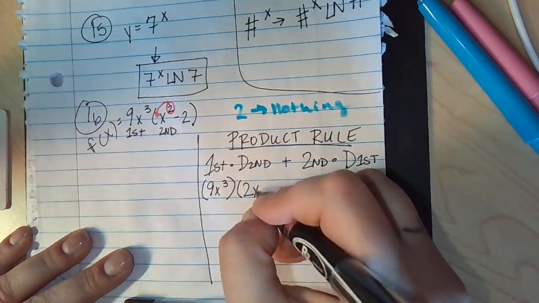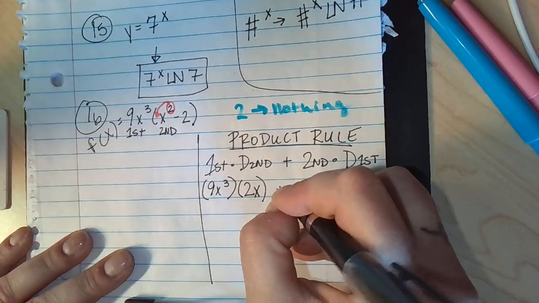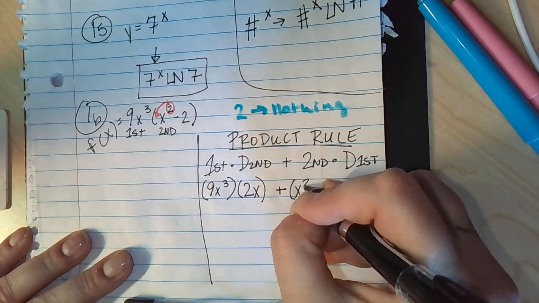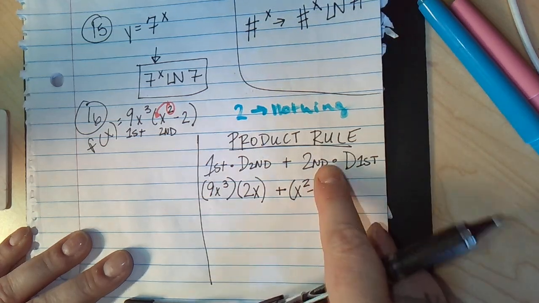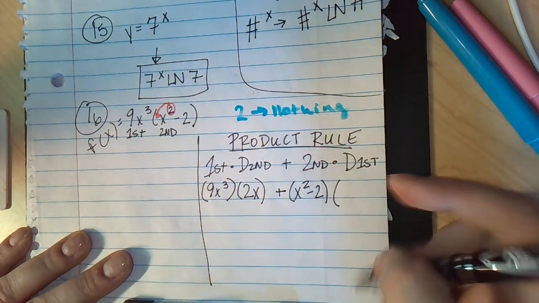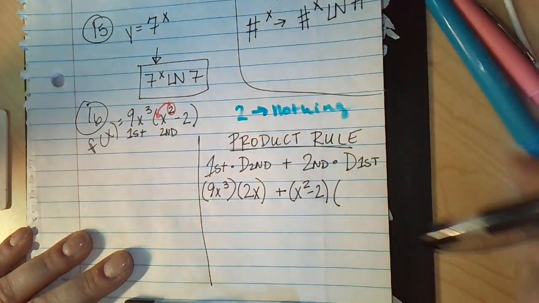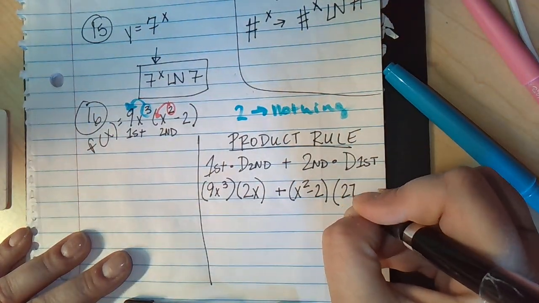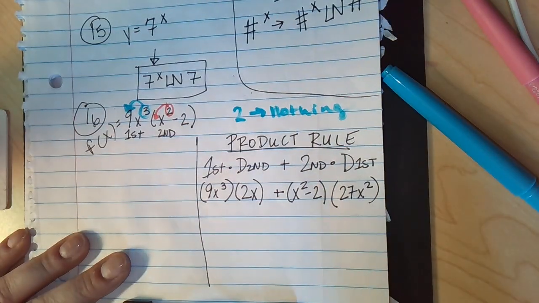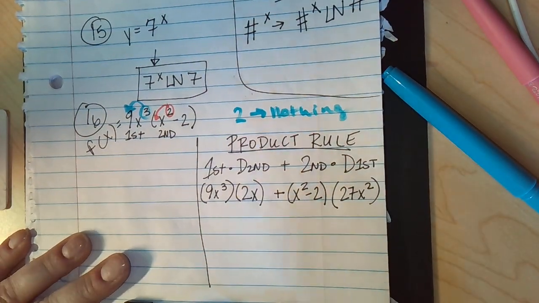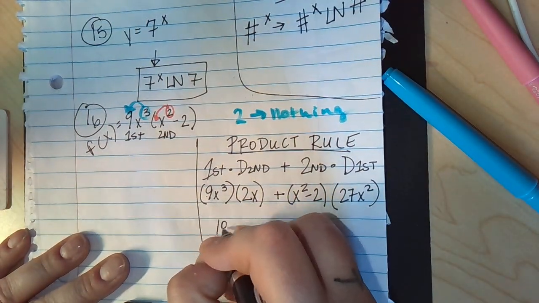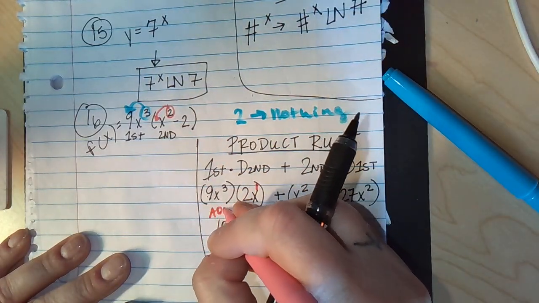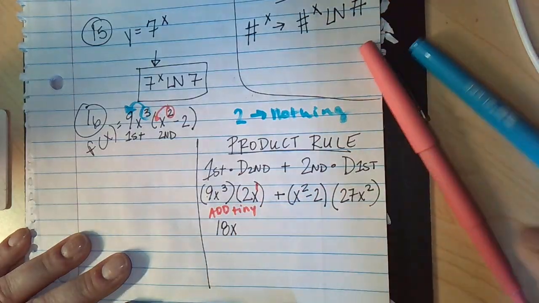So close your parentheses, plus the second term, x squared minus 2, written exactly like it is, times the derivative of the first. So bring the exponent down in front and multiply, and we get 27x squared. Then multiply. 9 times 2 is 18.